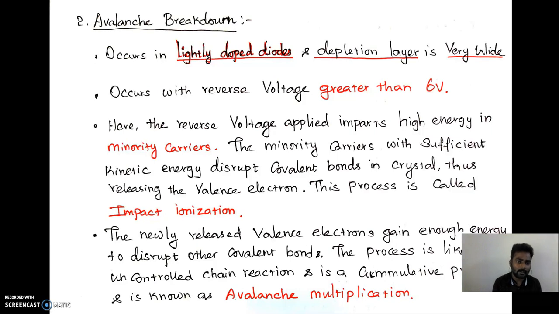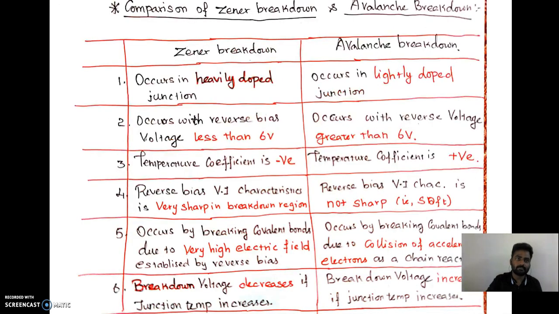The newly released valence electrons gain enough energy and disturb the covalent bonds also, and this becomes an uncontrolled chain reaction, which cumulatively is termed avalanche multiplication. In this way avalanche breakdown happens.